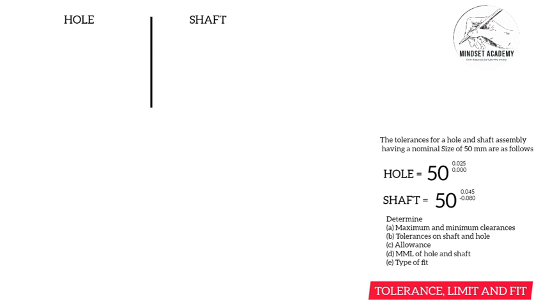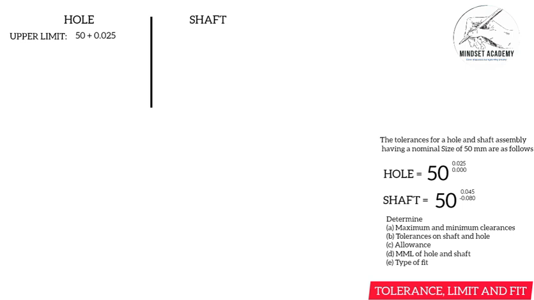Now, what you need to understand is we need to get the upper limits of the hole and the shaft, including the lower limit also of the hole and the shaft. So let's start. For the upper limit, it will be the nominal diameter of the hole plus the upper limit here, and that will give us 50 plus 0.025.